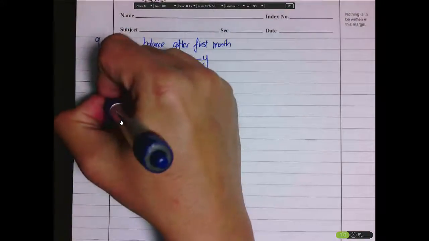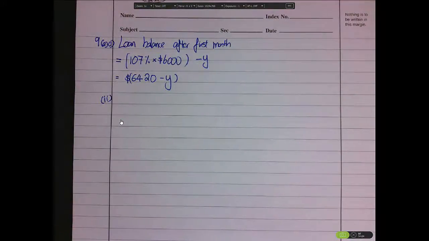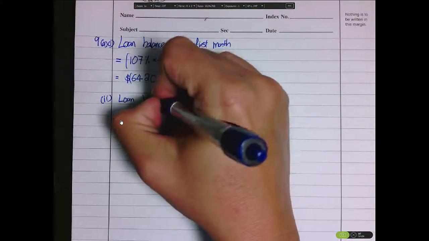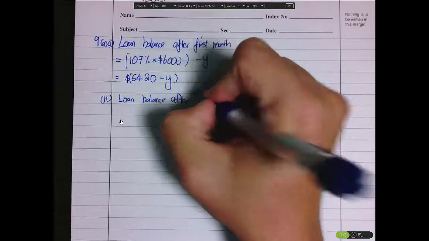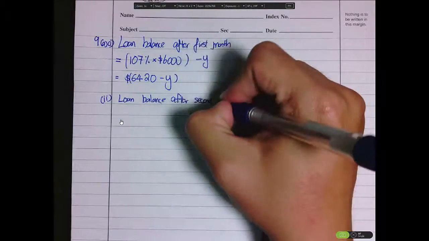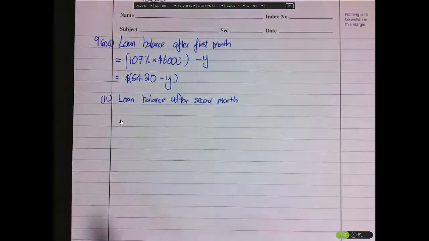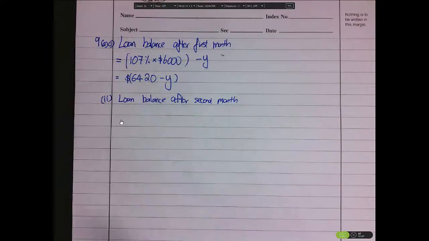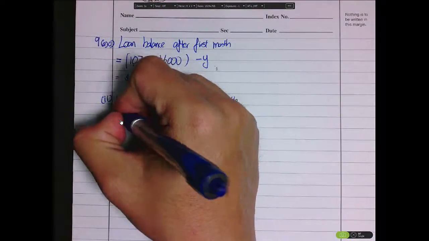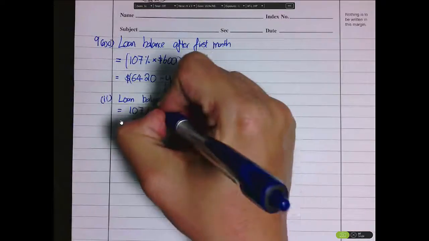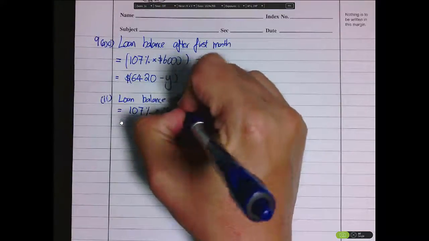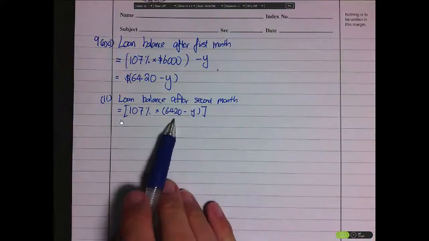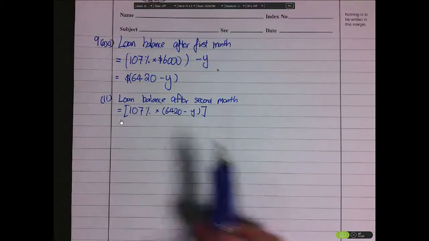Now I go on to the second month. So loan balance after the second month, slightly more tricky here. Notice that my new principal sum is this 6420 minus Y. So I get 107% of this 6420 minus Y, that is 100% of this plus 7% of this. This is the amount to pay back.